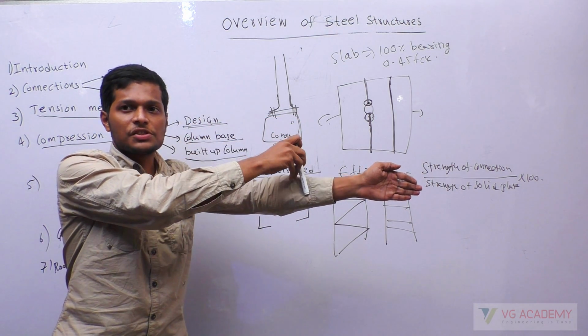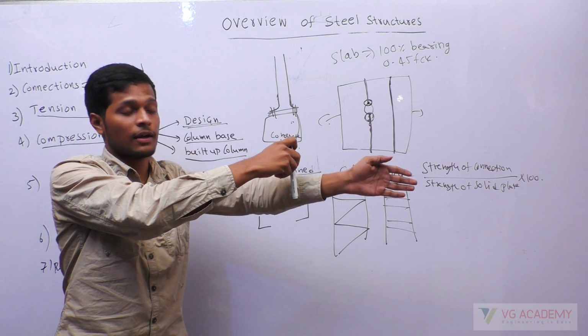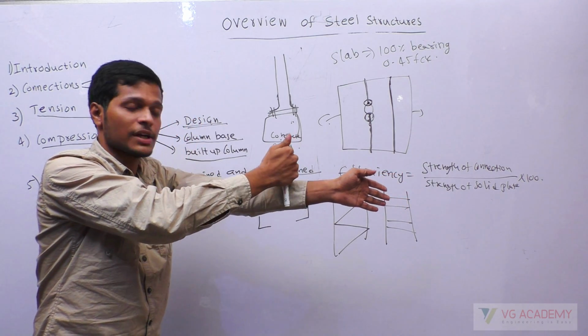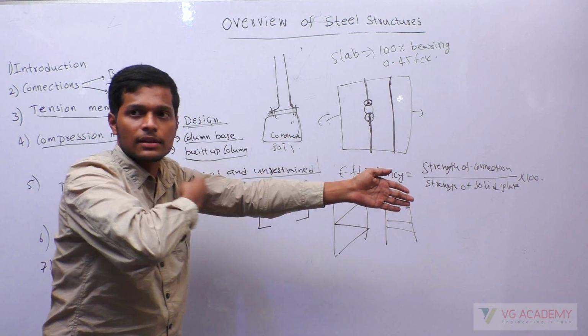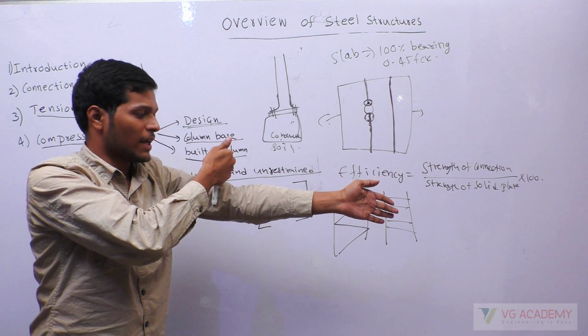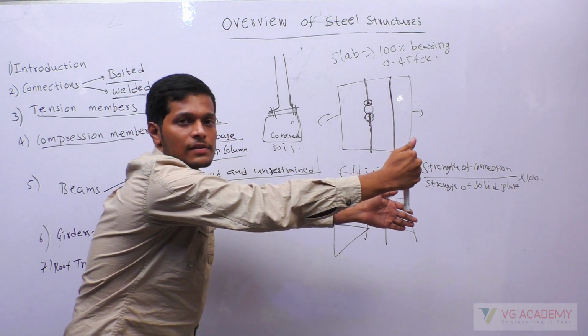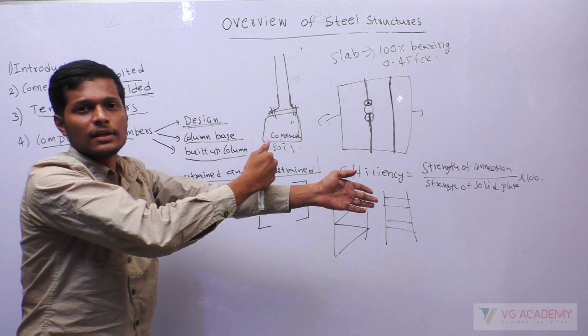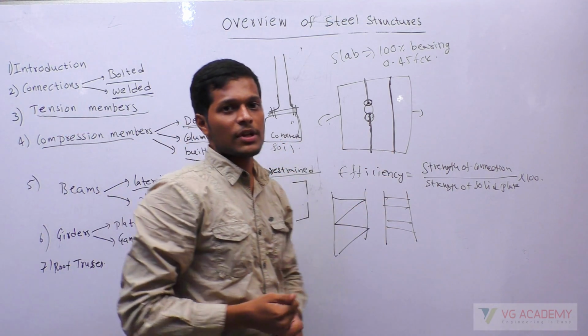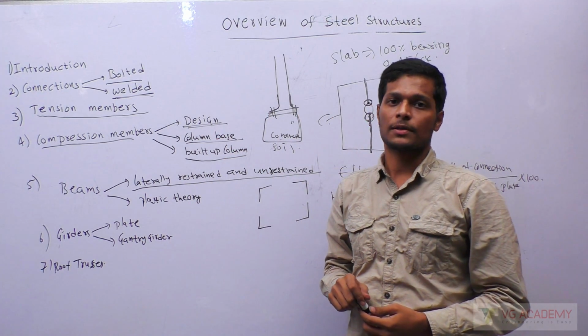So we place some restraint so that it will have lateral stability. We reduce the effective length by placing restraints regularly like this. These are called laterally restrained beams, by placing the restraints at regular intervals and reducing the effective length.